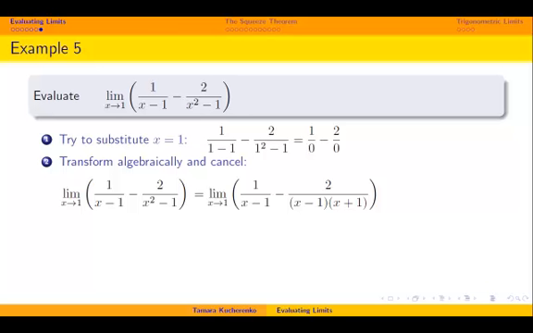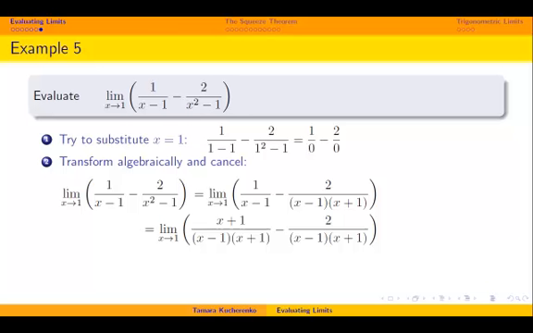Since x - 1 is already present in the denominator of the first fraction, we just need to multiply and divide it by x + 1. Now both fractions have the same denominator.